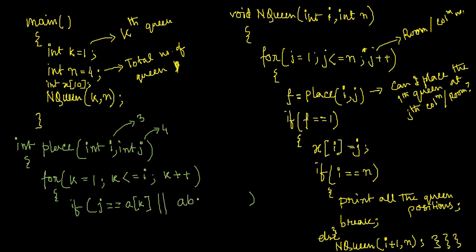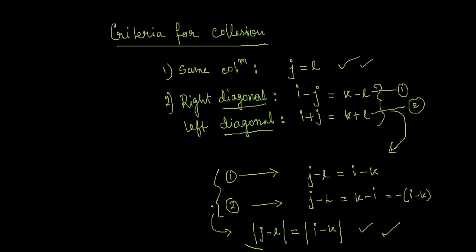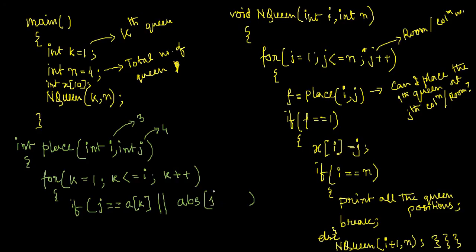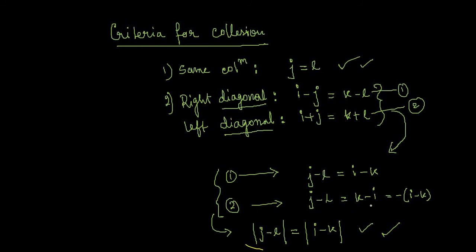We write it in this way, ABS, abs of j minus L. But you cannot write L here. Rather, you should write j minus A of k, absolute value of j minus A of k equal to the absolute value of what is given, i minus k.